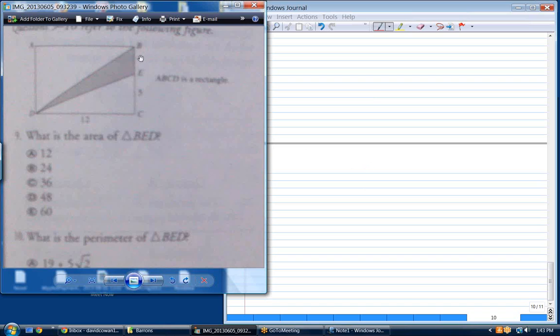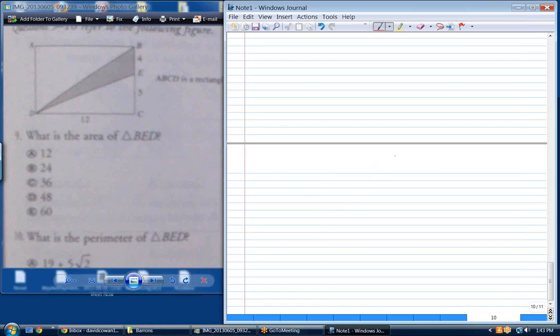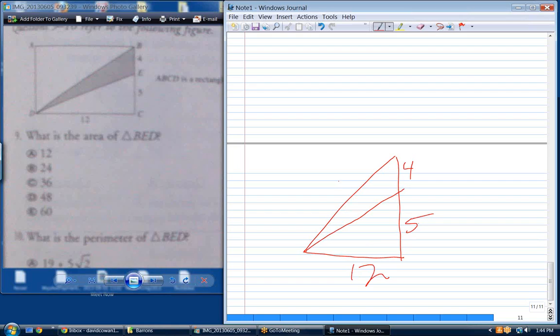That's 4, exactly. What's BD equal to? The diagonal. In other words, if this is 4, this is 5, and this is 12, what's BD? What's the hypotenuse of the big triangle?